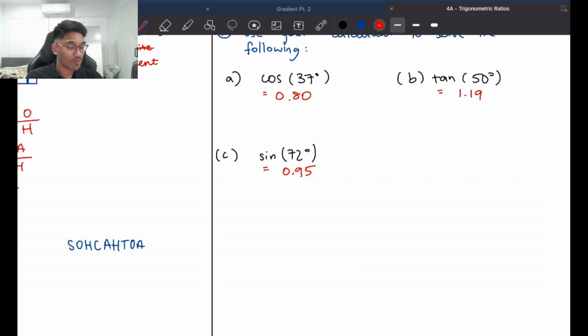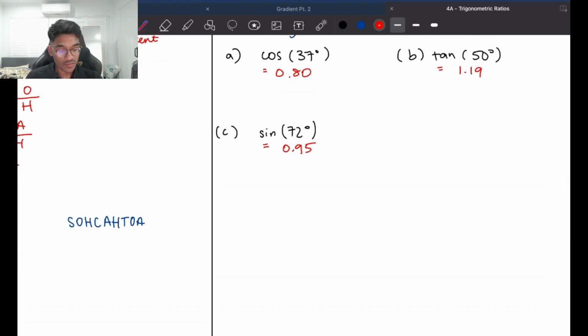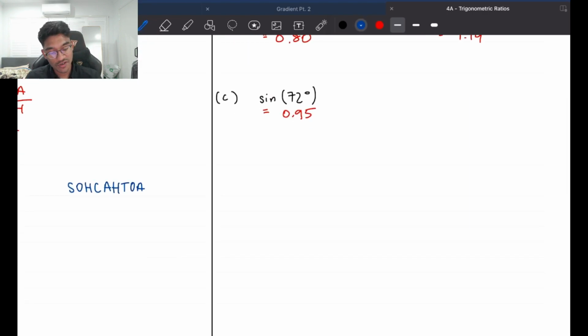Let's do an example. So this is now where we're using our ratios. For question 2: decide which ratio to use. When we say ratio, we're talking about sine, cos, or tan.